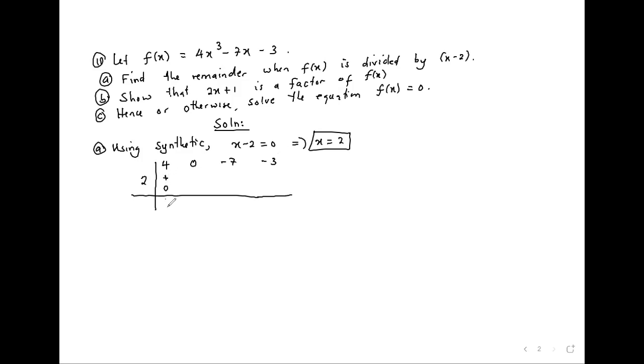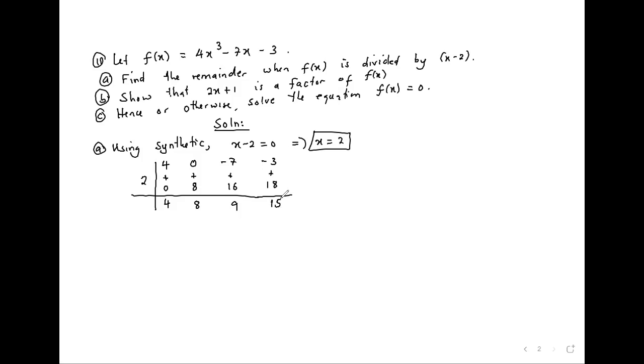What next? We add a 0, we get a 4. 2 times 4, 8. We add, we get 8. 2 times 8, 16. We add, we get 9. 2 times 9, 18. We add 18 minus 3, we get 15. And don't we have the answer?